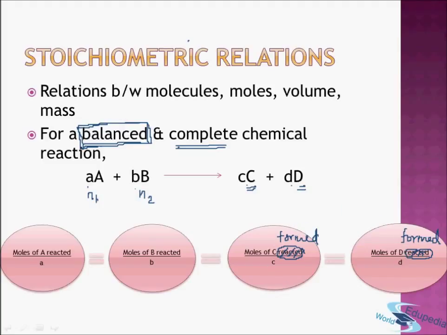So let's say that N1 moles of A completely reacts with N2 moles of B to form N3 moles of C and N4 moles of D. The relation says that N1 divided by small a, the stoichiometric coefficient of A, is equal to N2 divided by small b, the stoichiometric coefficient of B, is equal to N3 divided by c, is equal to N4 divided by d.